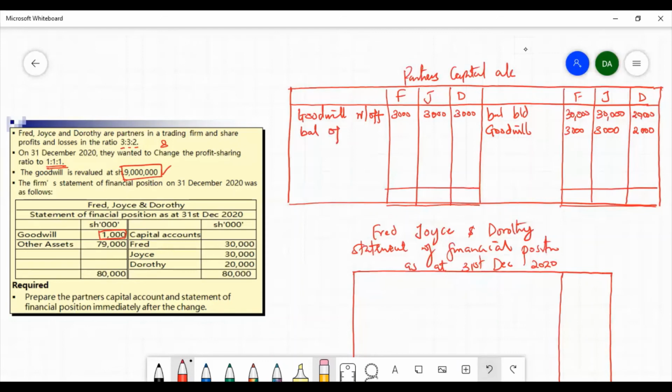After sharing goodwill equally, we have the balance of the partners' accounts. And therefore, we have balance carried down of the partners, equal to 30 million, 30 million, and 19 million.